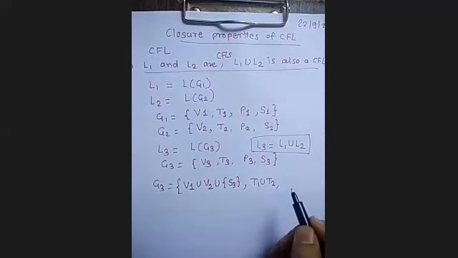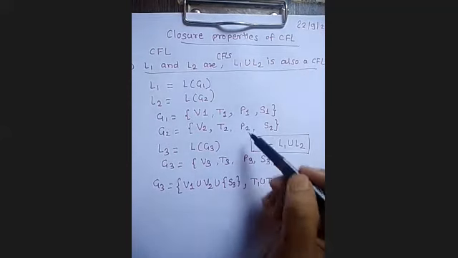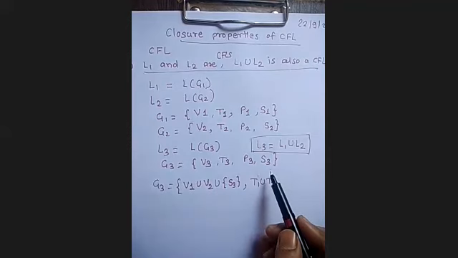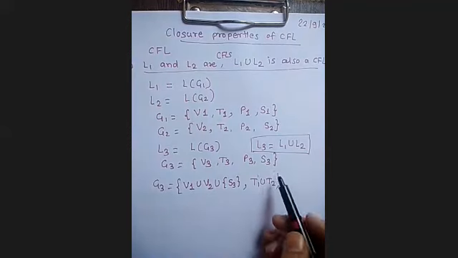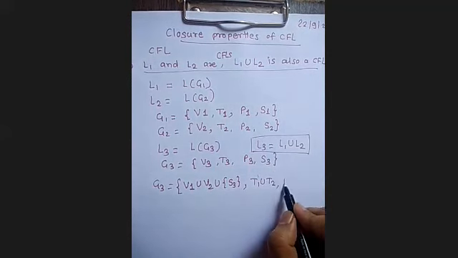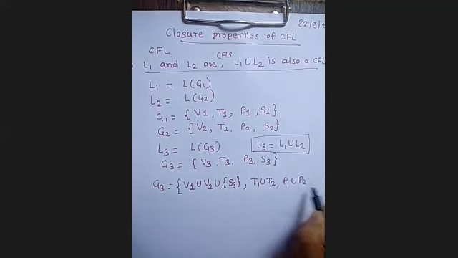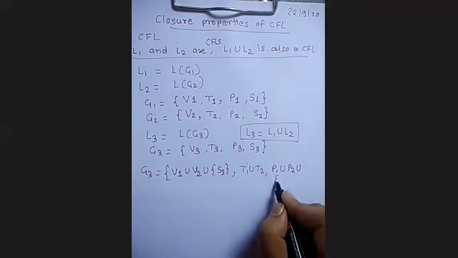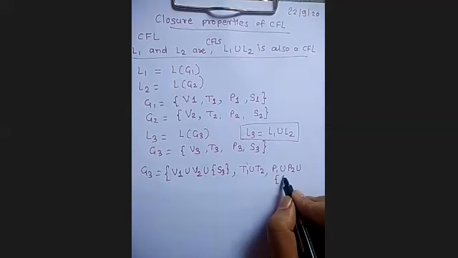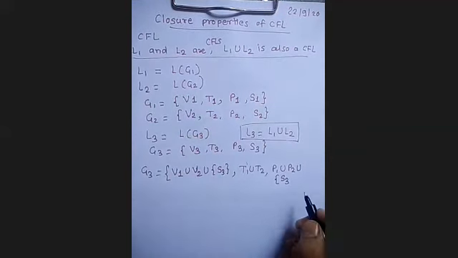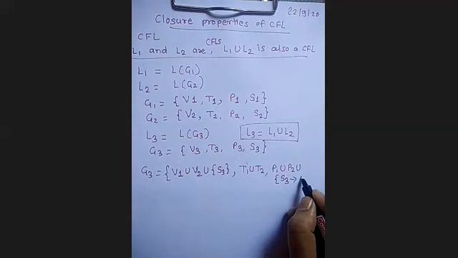Now the production rules. Since we have added a new non-terminal S3, we also have to add a new production. So P3 here is P1 union P2 union one new production, which I'm writing here: S3 derives S1 or S2. Union means S3 will be S1 or S2.